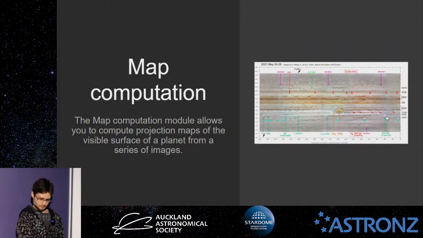You can see how it's a little bit fuzzy where they've blended them together. So it looks like they've taken 1, 2, 3, 4, 5 or 6 different images, flattened them out, and noted certain features and positions so they can compare this information with the information that Juno gets.